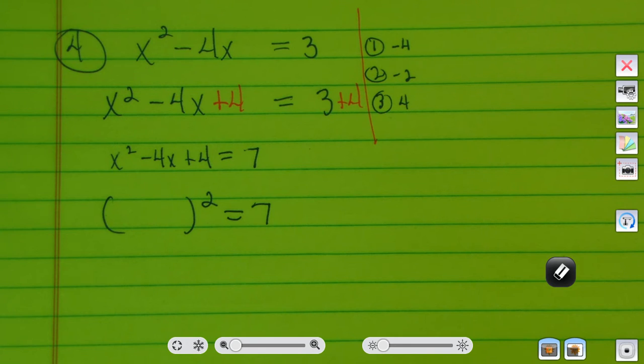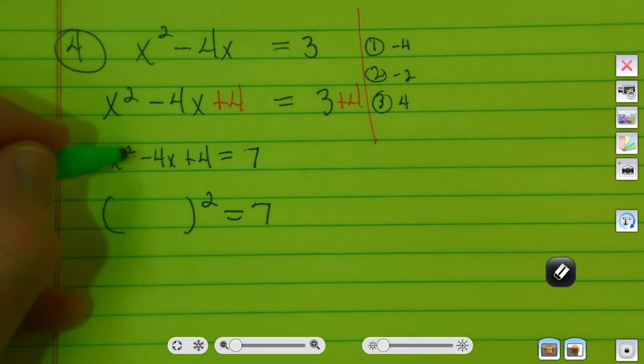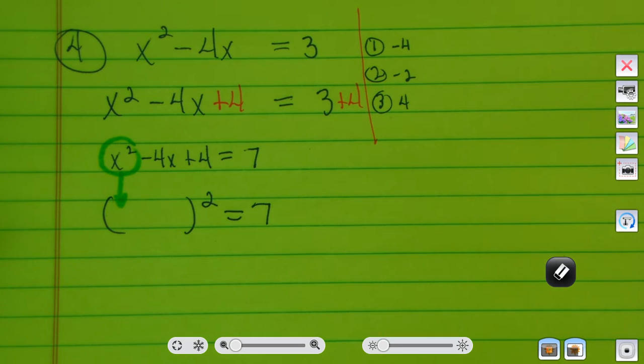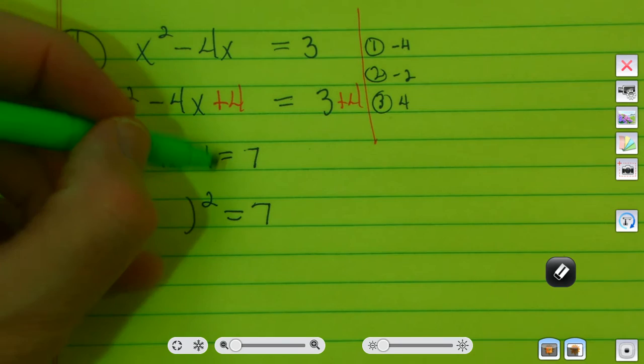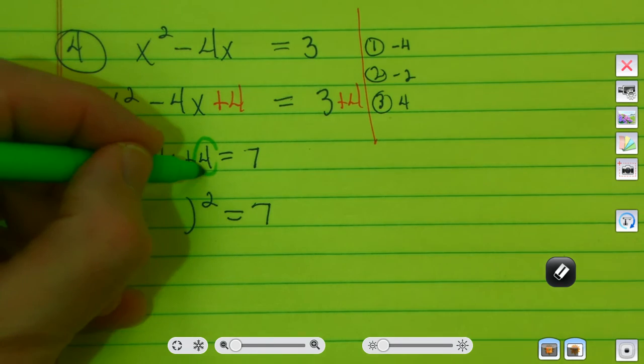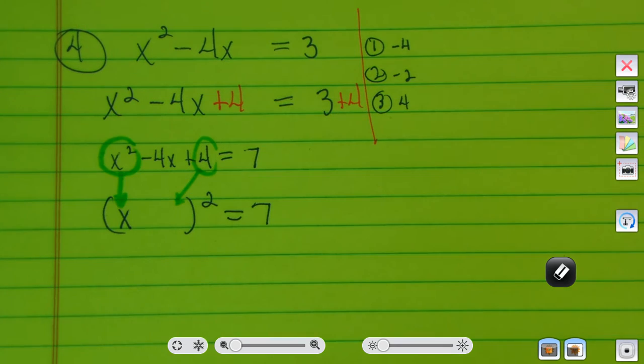Let me show you what I mean. Pay close attention here. You don't want to miss this, okay? If I'm factoring it, the square root of x squared is just x. That answer would go here. And the square root of the c term, square root of 4, is 2. It would go here.